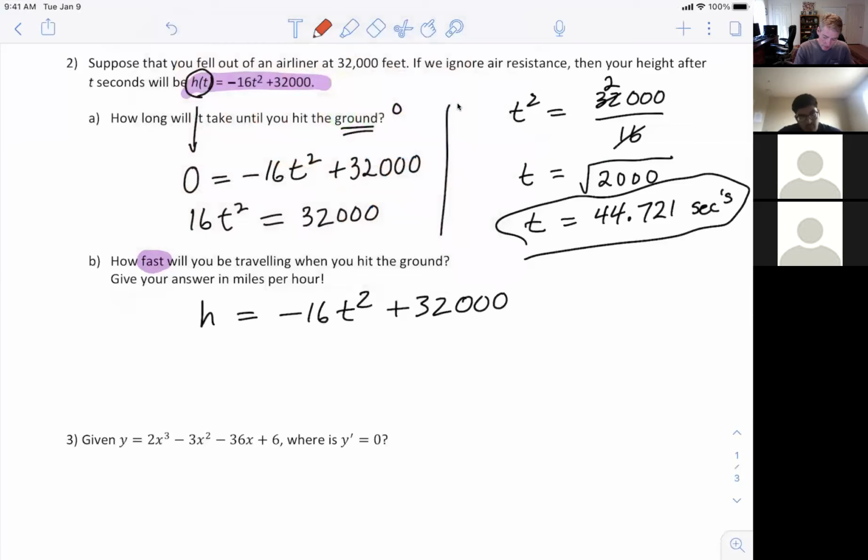So for the negative 16t squared, you take the 2, bring it in front and multiply, and then subtract 1 from the exponent. So h prime will equal negative 32, and then t to the 1.